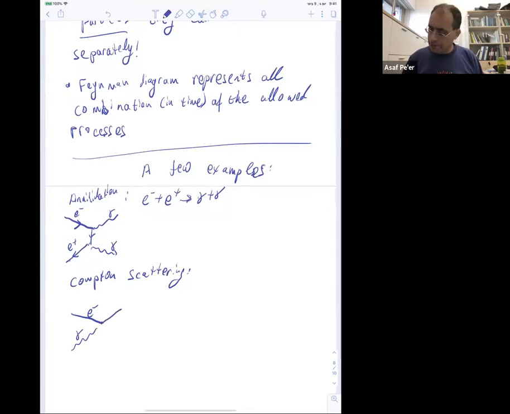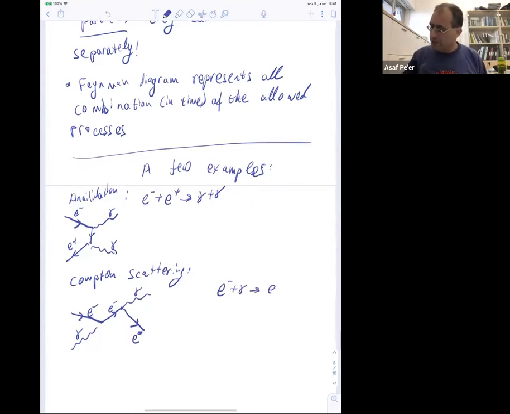They interact, and then we end up with an electron and a photon, but with different energies. So this is a way of transferring energy between an electron and a photon.